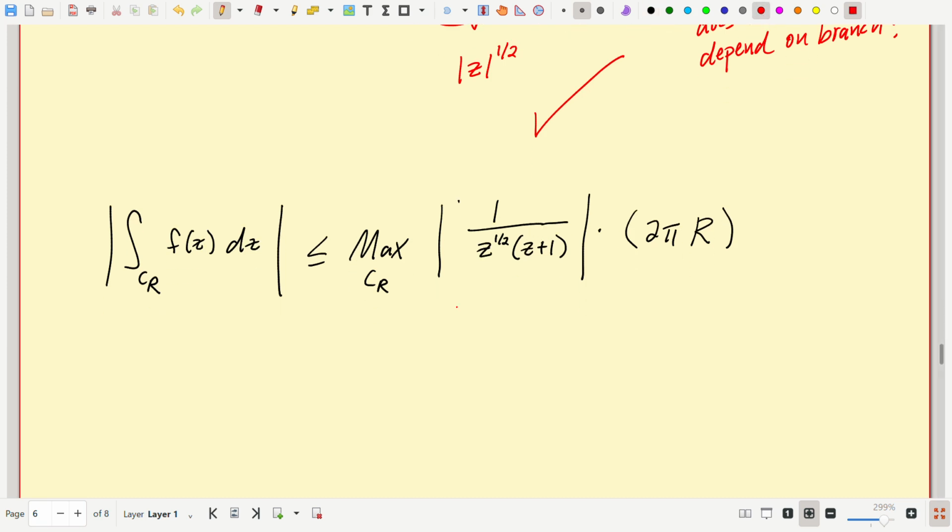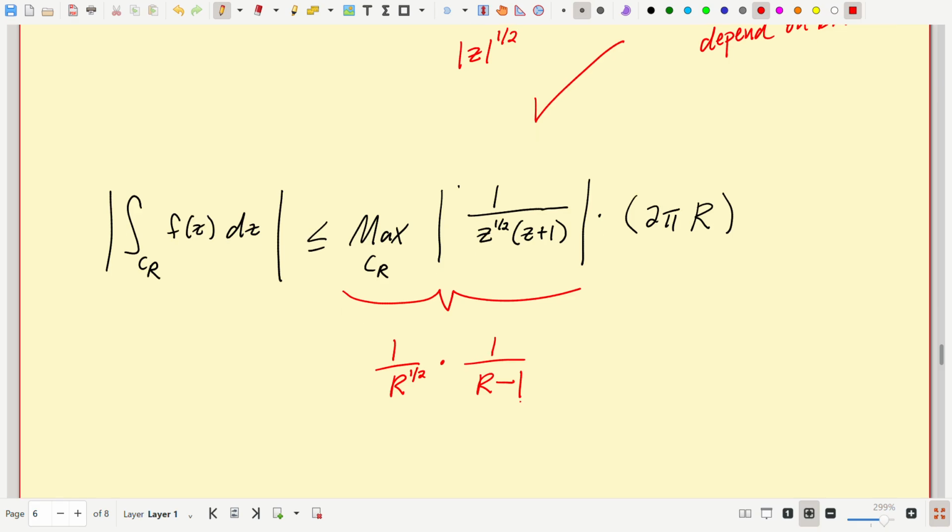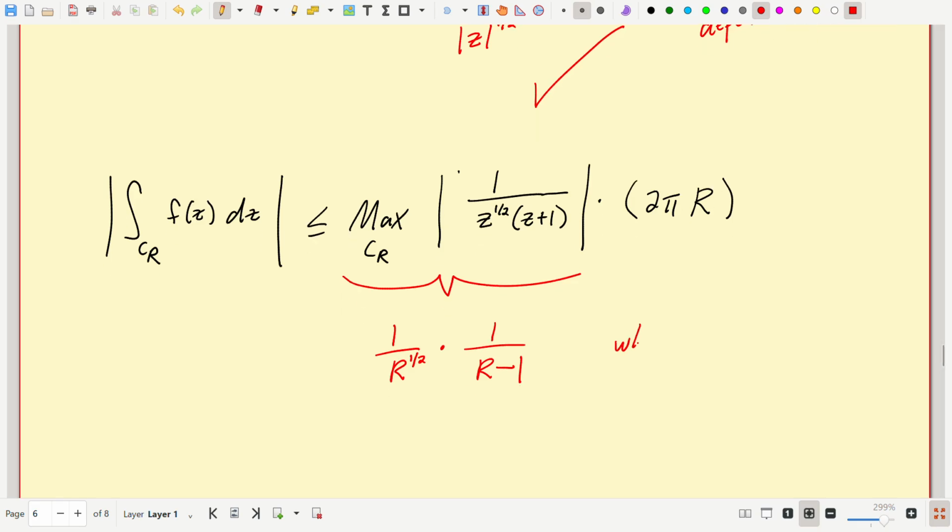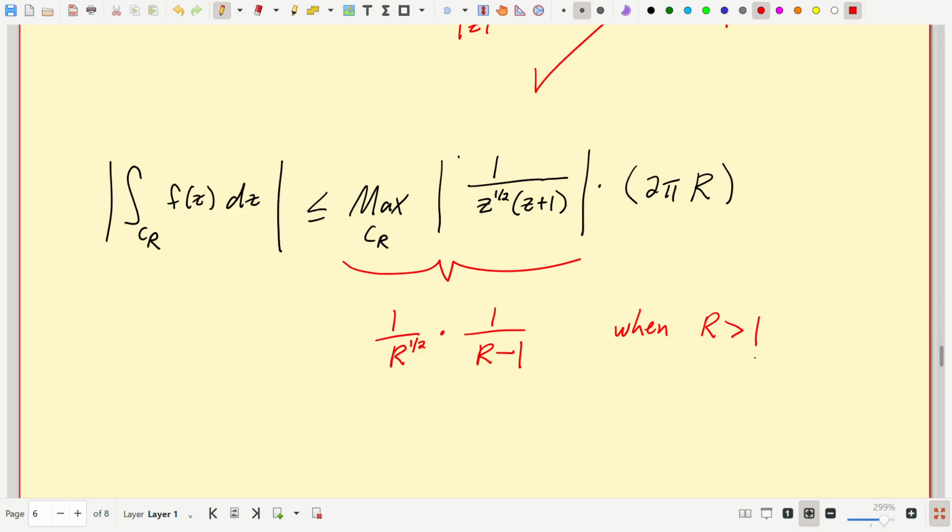This max would be less than or equal to 1 over r to the 1/2, that's the easy part. But for the other piece I do a denominator estimate and get that it's less than or equal to 1 over r minus 1. It's important for that denominator estimate that r be bigger than 1. And that goes to 0 as r goes to infinity.